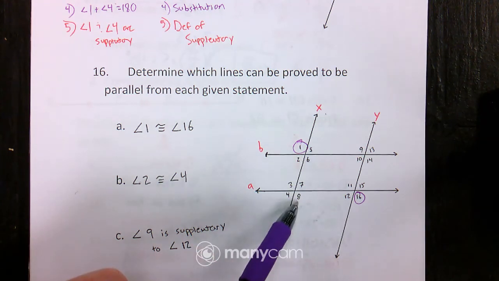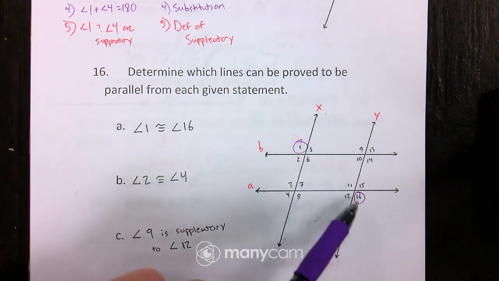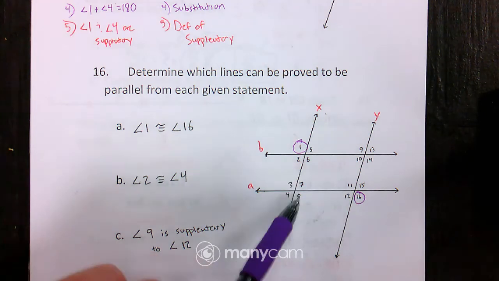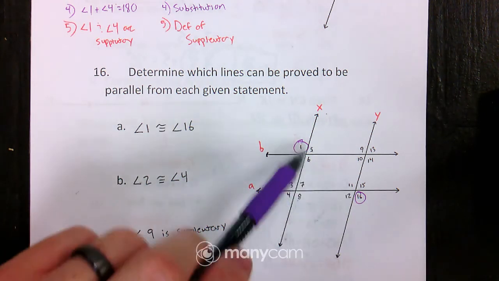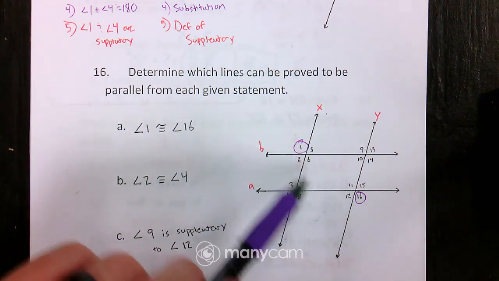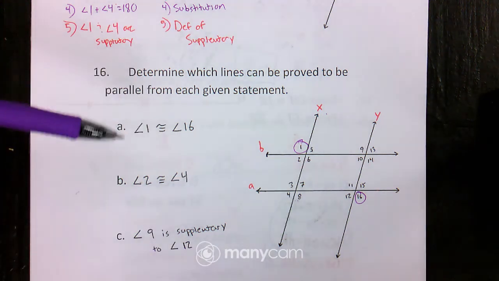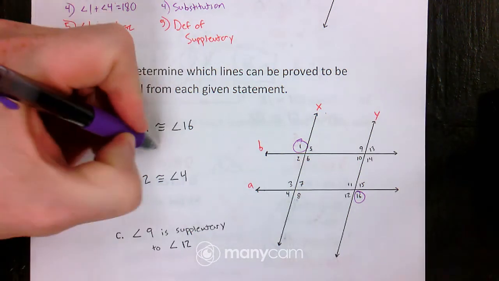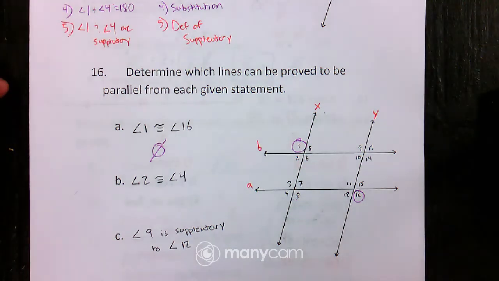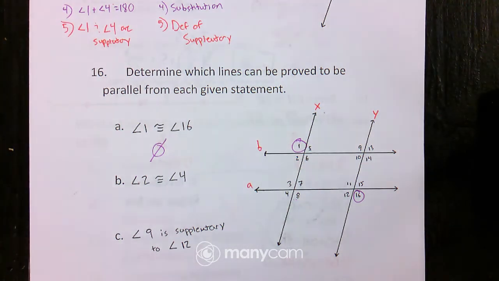So 1 and 8 could be alternate exterior angles, and then 8 and 16 would be corresponding angles, but that's 2 steps. So whenever an angle is 2 steps away, and you can't directly say one of our 4 or 5 different relationships, then I know that I can't get any lines proven parallel.